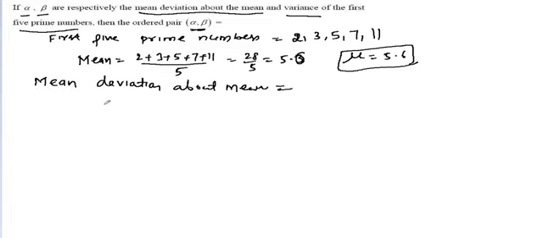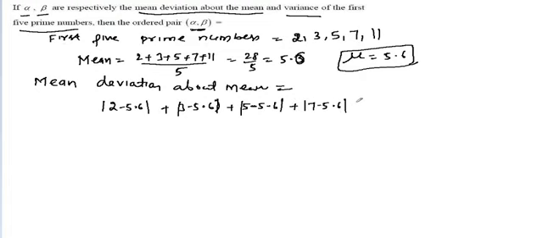is equal to modulus of 2 minus 5.6 plus modulus of 3 minus 5.6 plus modulus of 5 minus 5.6 plus modulus of 7 minus 5.6 plus modulus of 11 minus 5.6, whole by 5.